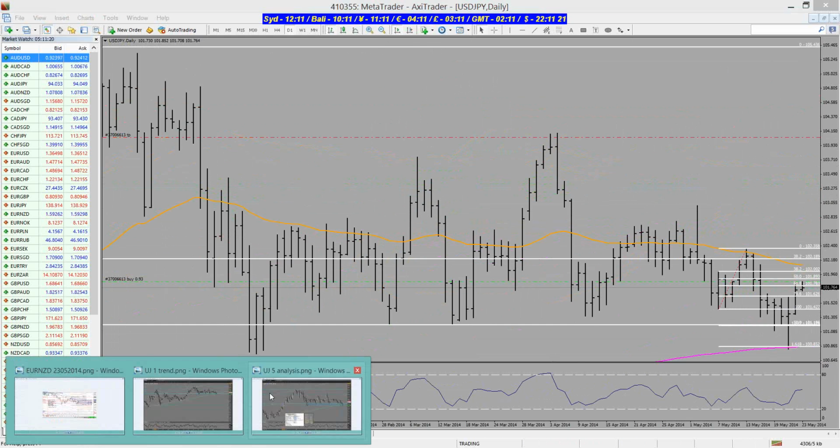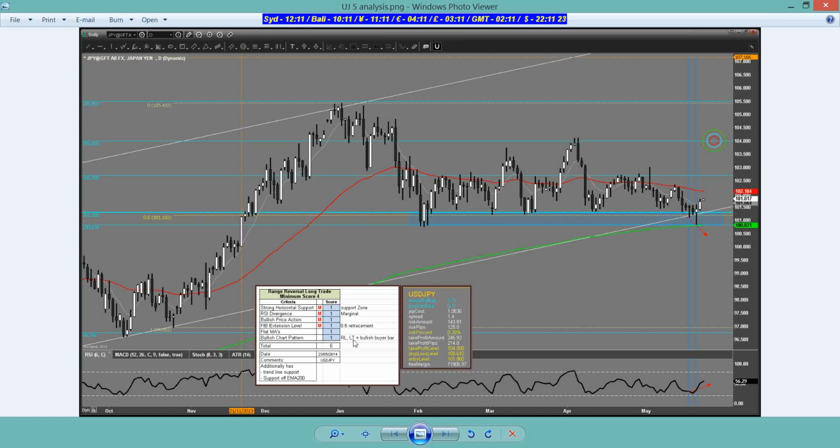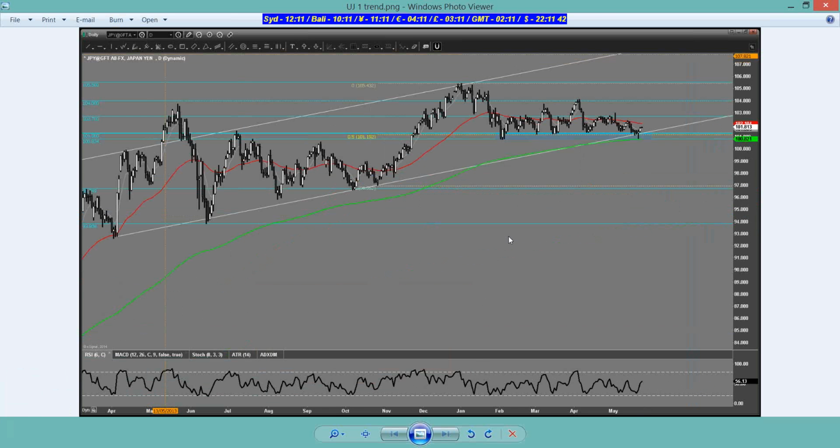So back to your analysis. RLLT plus bullish buyer bar, ring low, low test. Okay, plus bullish buyer bar. Cool. That's good. That's good. And what's your other chart for is, yeah, okay.